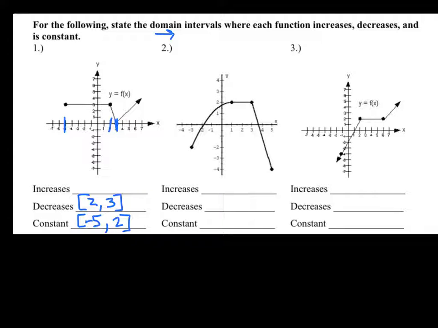And the third section, it's increasing from 3 to +infinity. Now, quite honestly, I don't care if you use brackets or parentheses. The only one you can't use a bracket for is infinity. But the tricky part is, at the points 3 and 2, you can't really say if it is increasing or decreasing at that point. But that's the interval.